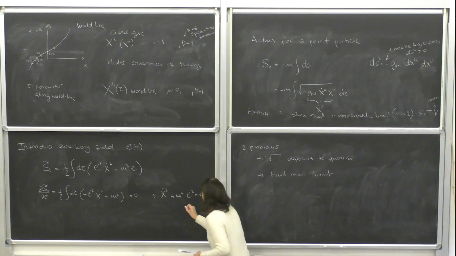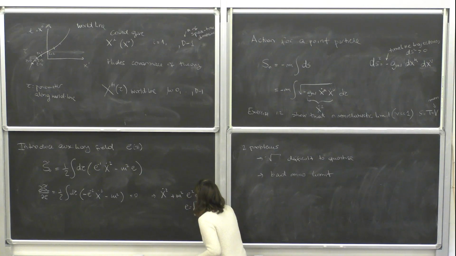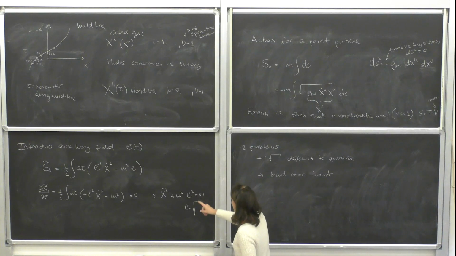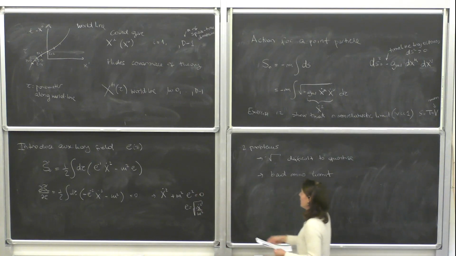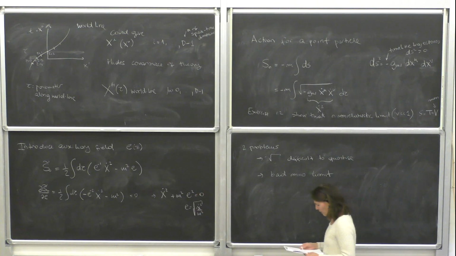So this E is the square root of minus x dot square divided by m square, which is fine, since x dot square is negative for a time-like trajectory.